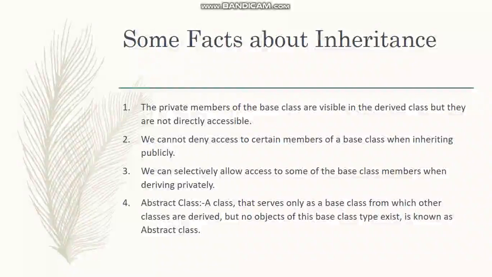We can selectively allow access to some of the base class members when deriving privately. So it says that when we privately inherit the base class into the derived class, it allows us to selectively inherit data members or member functions of the base class into the derived class.